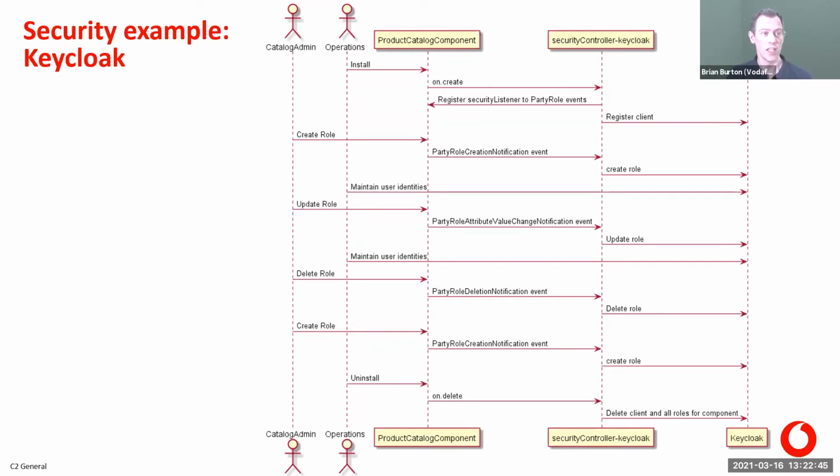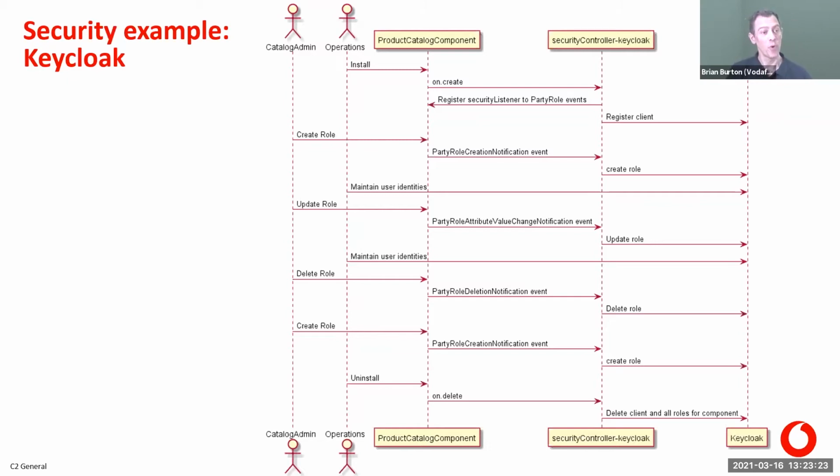So you can read this in your own time, but effectively what we're saying here is we have an operations team who is responsible for installing and creating a product catalog, or uninstalling a product catalog component, that we're going to demonstrate. At the point where that product catalog component is created, or any other component is created, we effectively want the security controller inside the canvas to be able to pick that up, integrate that component with the identity management solution, and then enable the creation of roles according to whatever happens within the product catalog component, or whatever component.